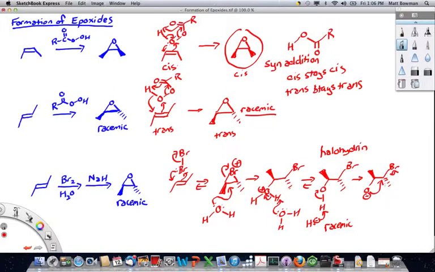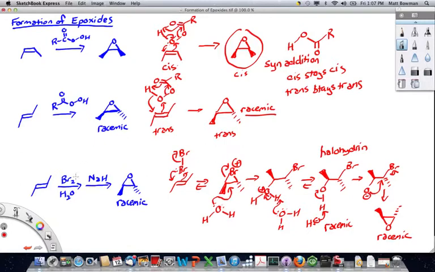Since it's an internal SN2 reaction, again, you have an inversion. And you get this. The entire process starts from an achiral starting material. All the molecules you add to it are achiral. You end up with a chiral product. So again, it's racemic.